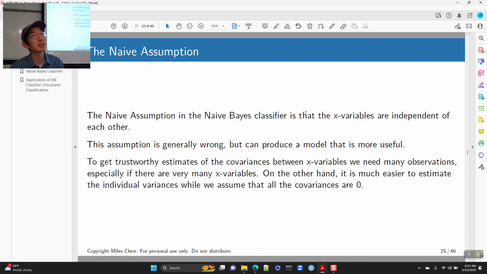So the naive assumption just says, let's just pin all of the covariances down to 0. And we know that's not going to be great, but a lot of times it works out, okay? A lot of times it works out.